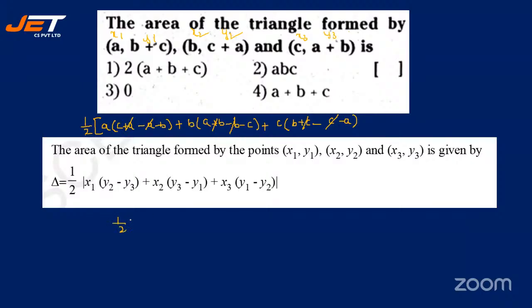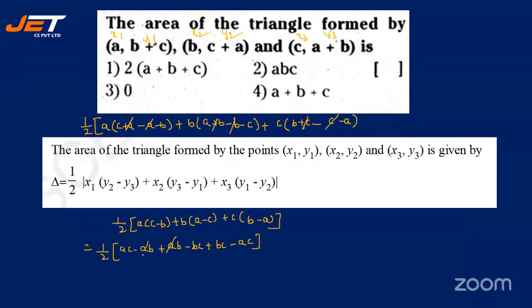Half into a into c minus b, plus b into a minus c, plus c into b minus a. Right? So just bring it out. a into c, ac, minus a into b, ab, plus a into b, ab, minus b into c, bc, plus b into c, bc, minus a into c, ac.